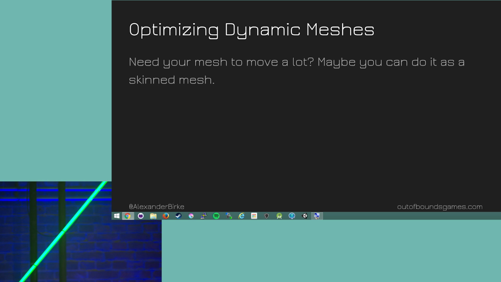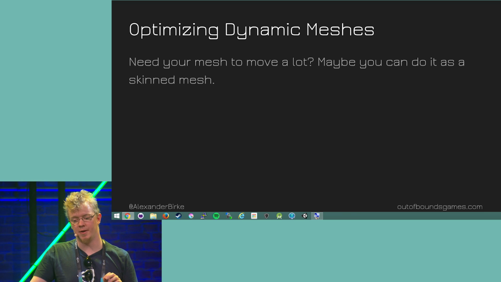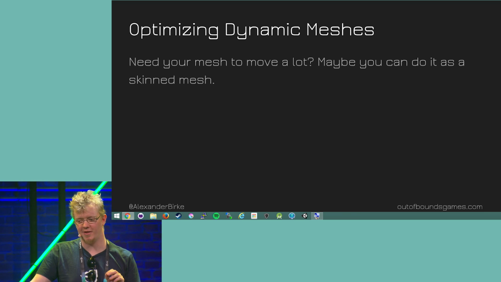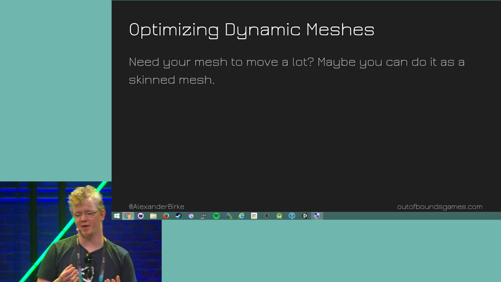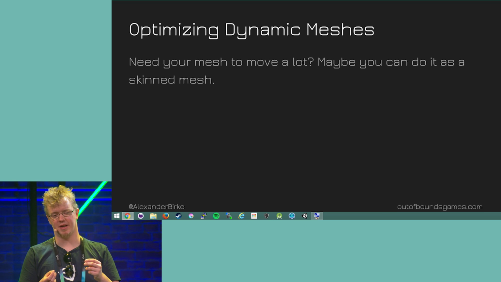Oh yeah, this is another pretty cool trick. I haven't done this myself, but I think it was a game called Robotech or something like that. I saw them do this, where they had a robot with a lot of individual moving parts, and they needed it to move.